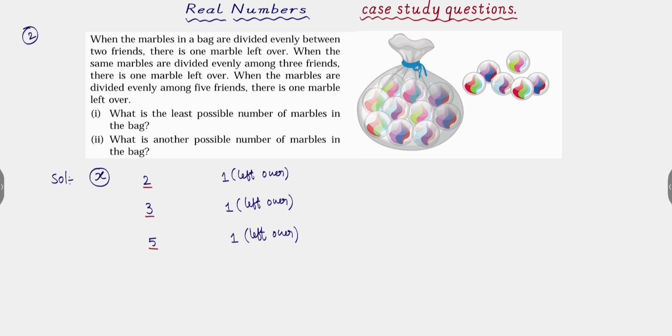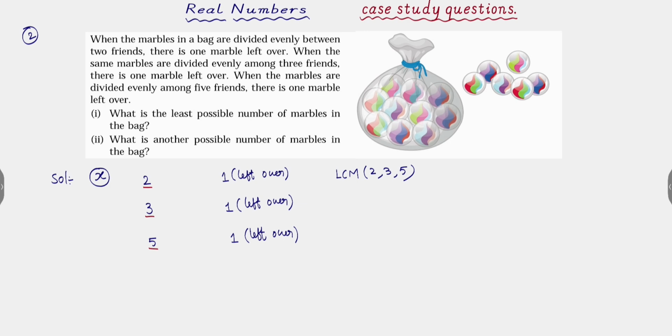So to find that number x, we have to find the LCM, because the number should be divisible by 2, 3, 5. So we have to find a common multiple of 2, 3, 5. You should find the LCM of 2, 3 and 5, and whatever result we get, we should add 1 to it.